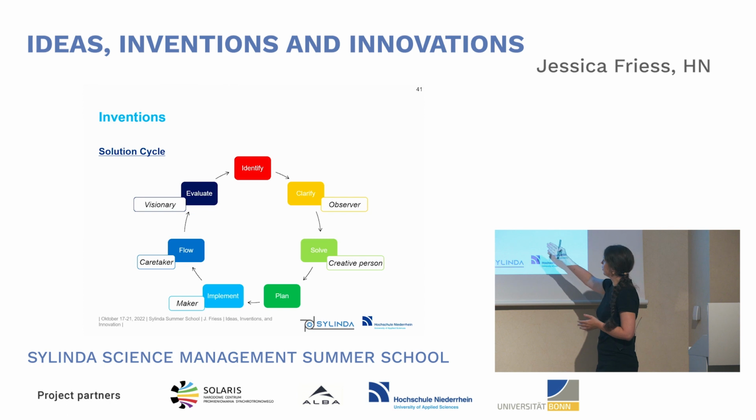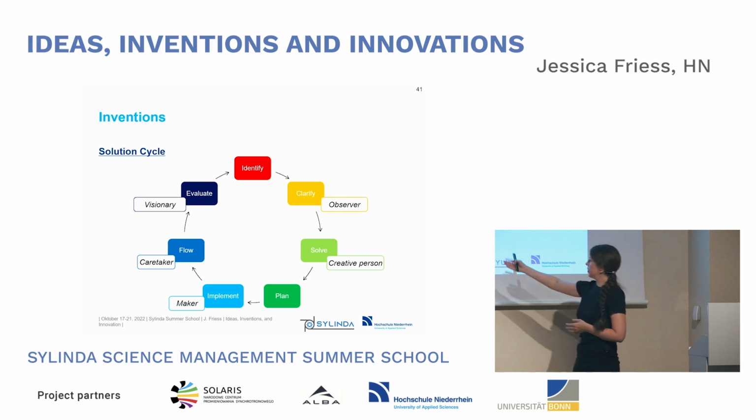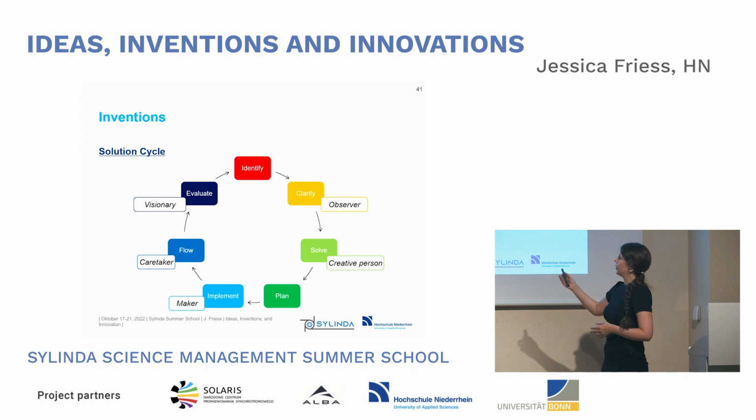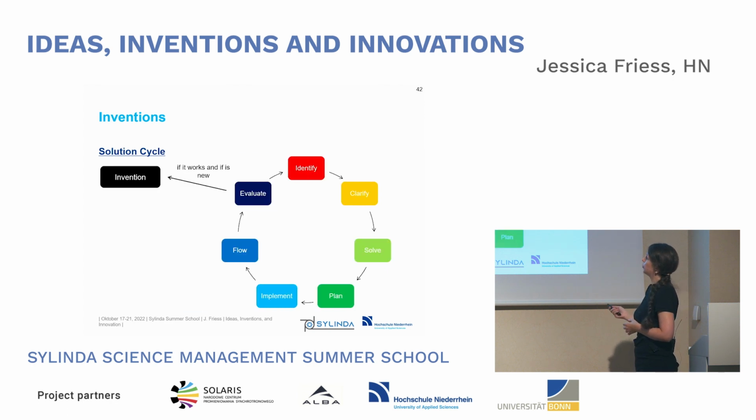Or if you're working on solving, you should use people who are creative or at least open-minded. And for the task of implementation, you should really take somebody who likes to make things, like an entrepreneur. This is an example of what people you could use.